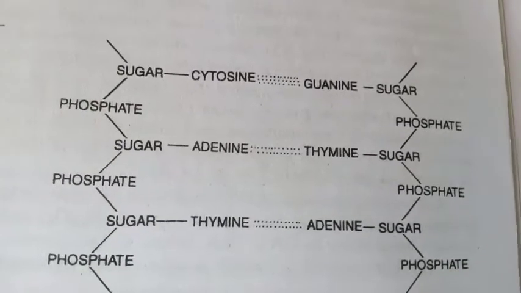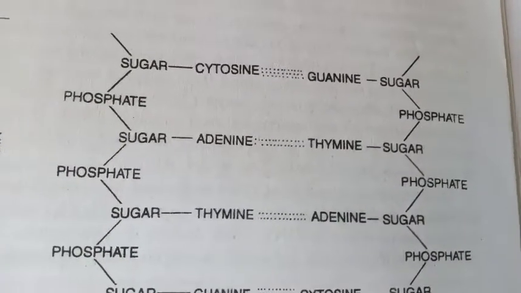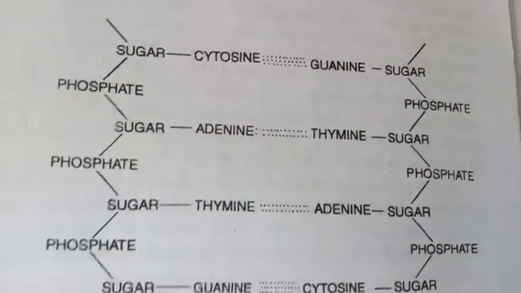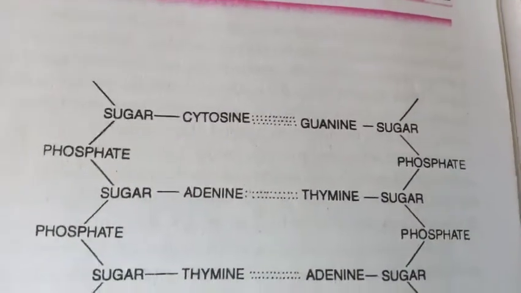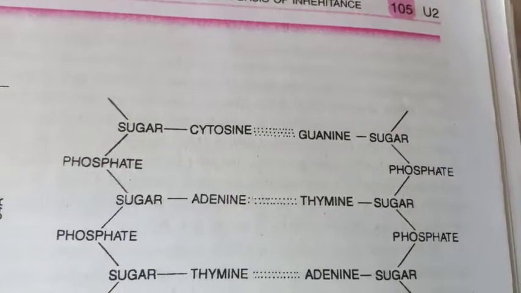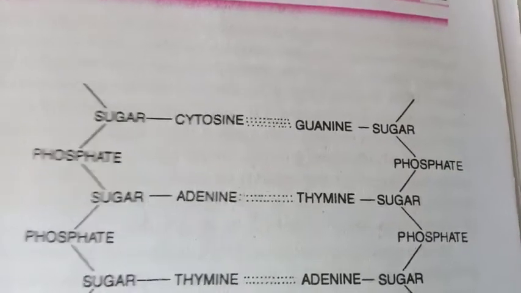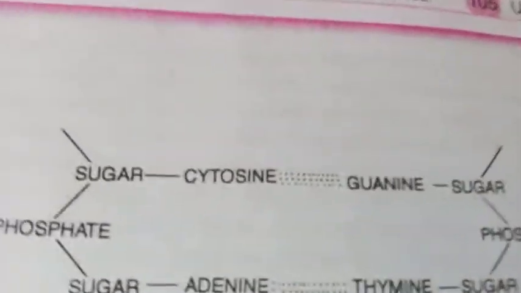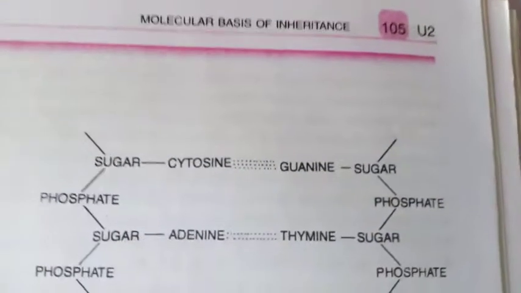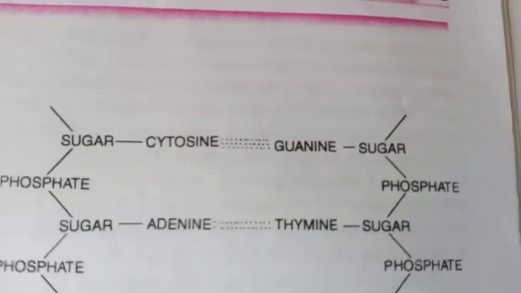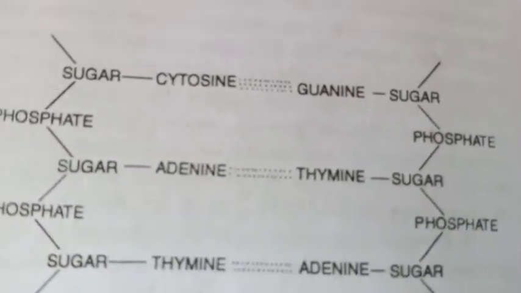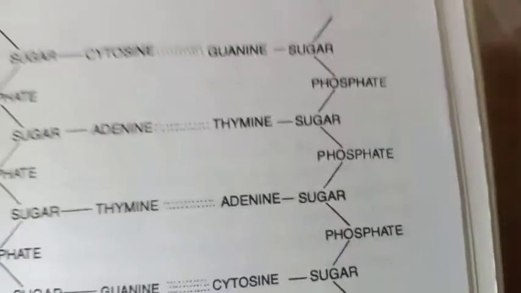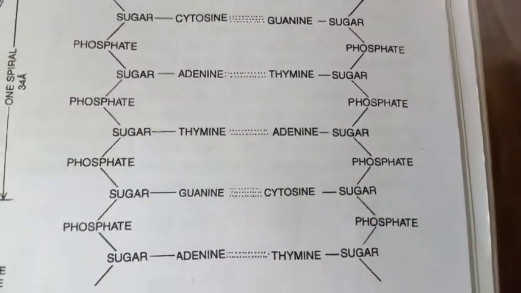You can see on the other side forming the backbone, and lying within are the nitrogenous bases, that is adenine and thymine and guanine and cytosine. Cytosine and guanine, as you may see, are linked through the triple hydrogen bond, whereas adenine and thymine are linked through double hydrogen bond, and then to the corresponding sugar in case of the DNA.